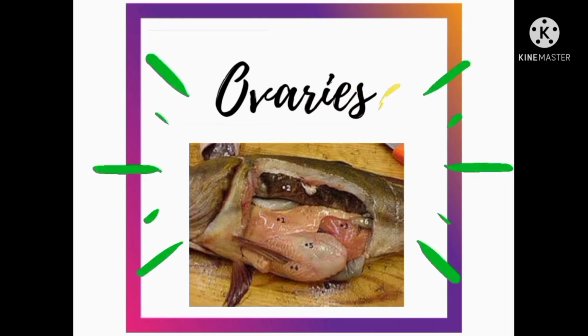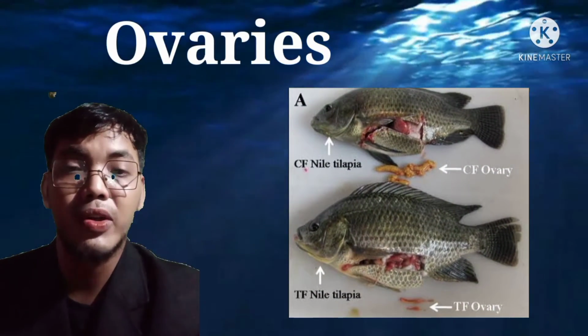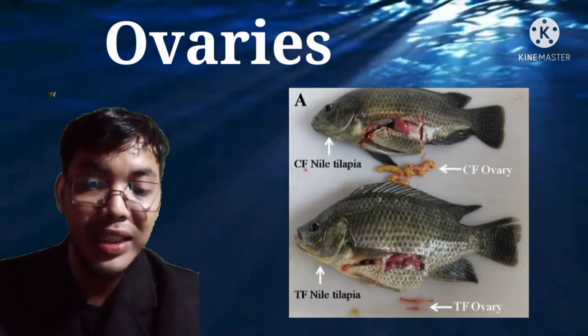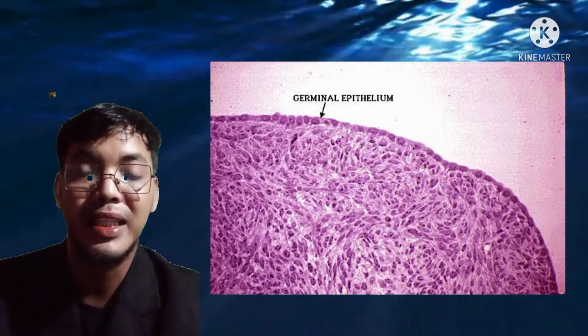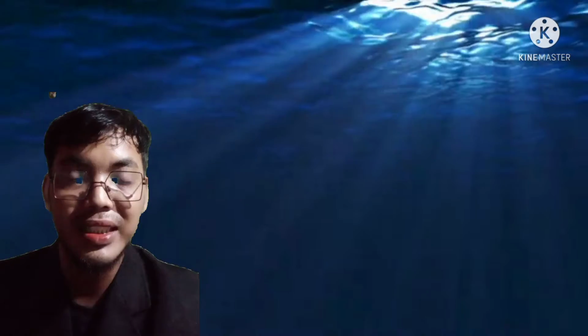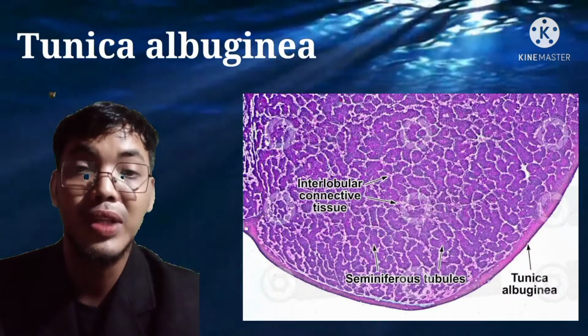Ovaries. Ovaries are hollow, sac-like organs into which extend numerous vigorous folds lined by germinal epithelium. Many of the features found in ovaries are common to all vertebrates, including follicular cells and tunica albuginea.